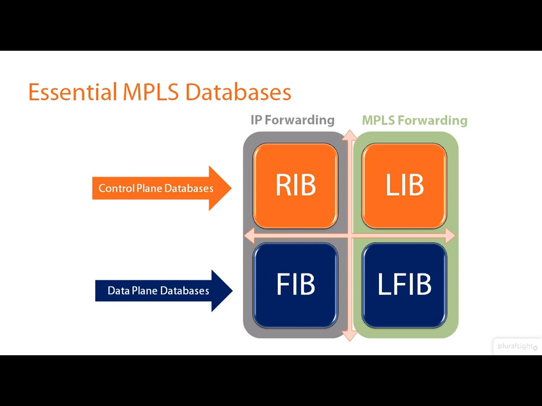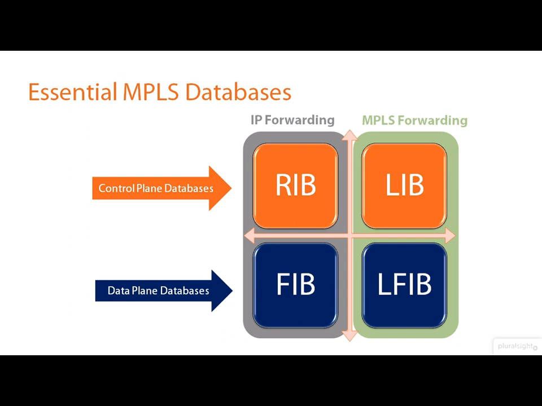Okay, this is what's used to actually forward IP packets. It's created by CEF, or Cisco Express Forwarding, on modern routers, and it's used in conjunction with something called the CEF adjacency table.